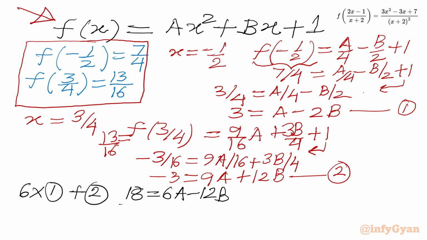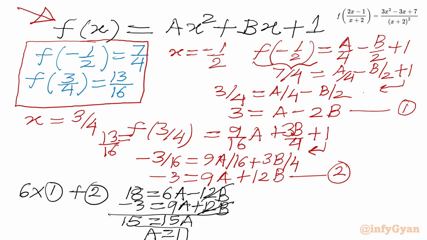Now we have to add the second equation, which is minus 3 equal to 9a plus 12b. We will add these two, so the b terms will cancel. We will get 15 equal to 15a. So a will be 1. a is 1, c is 1.